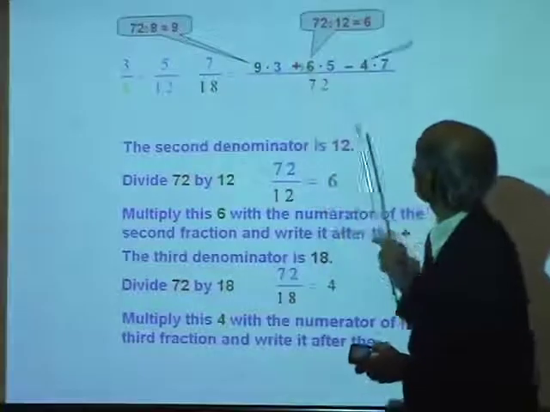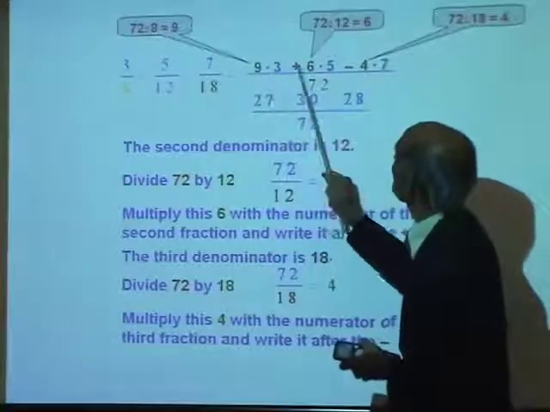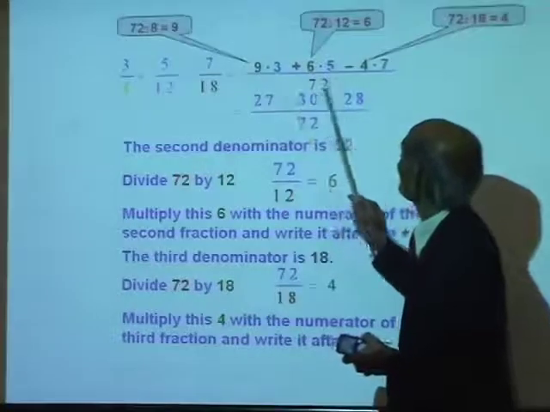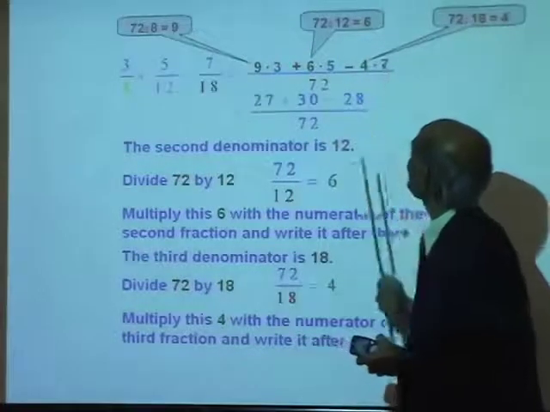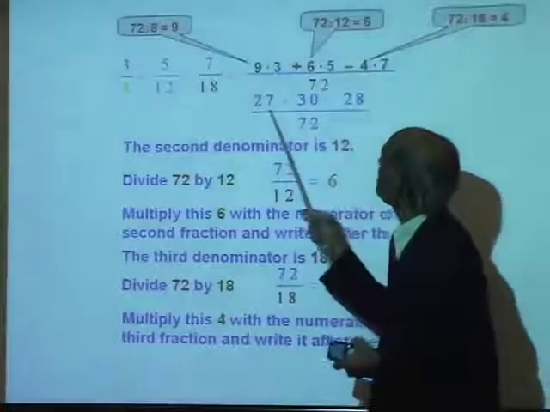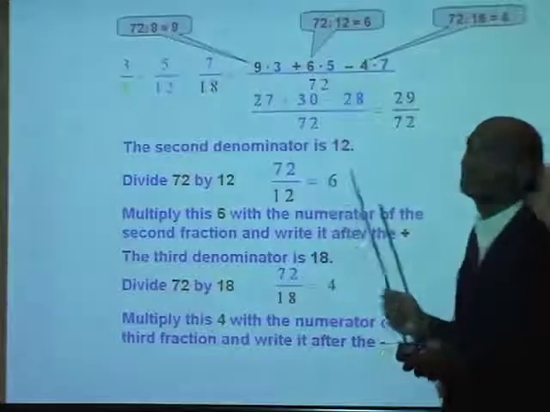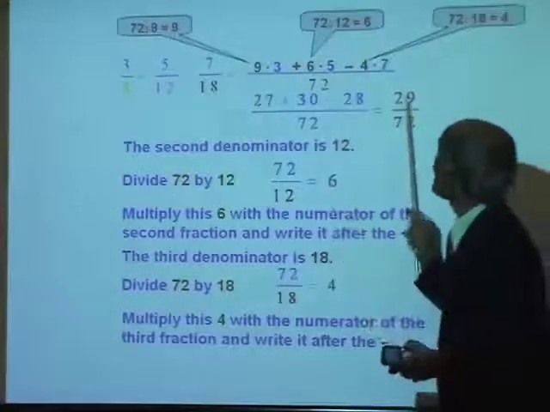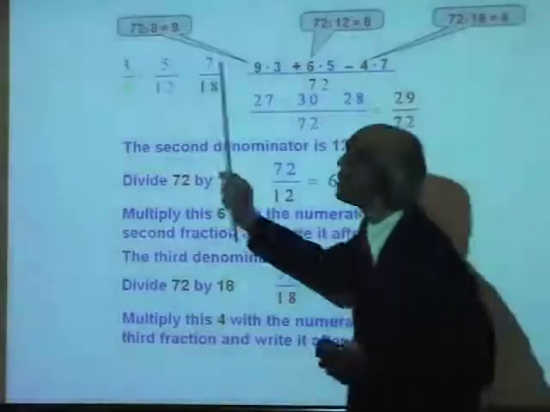Now we multiply these numbers. That will be 9 times 3 is 27, plus 6 times 5 is 30, minus 4 times 7 is 28. Okay, what is 27 plus 30 minus 28? It's 29 over 72. Now that is a good question.